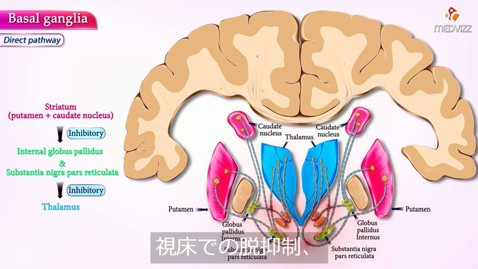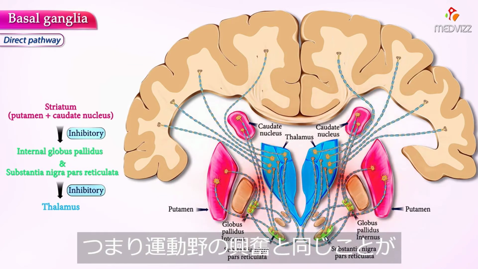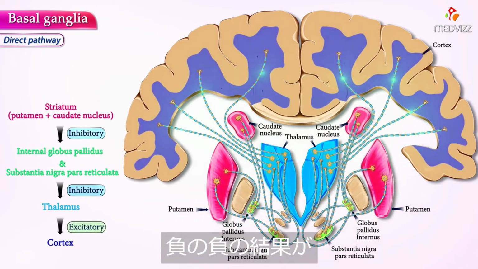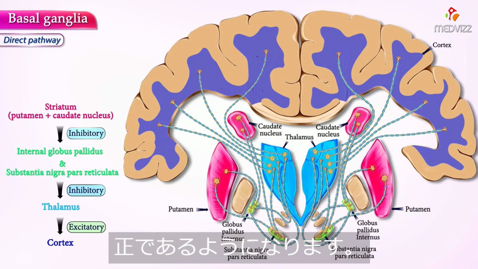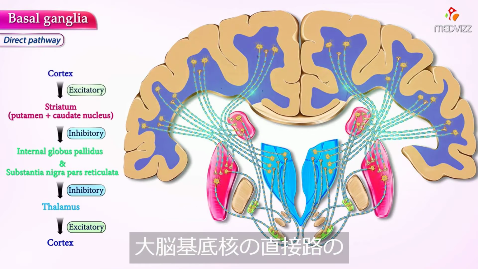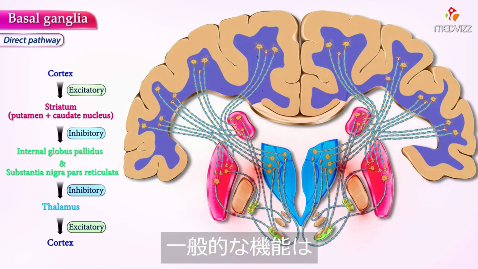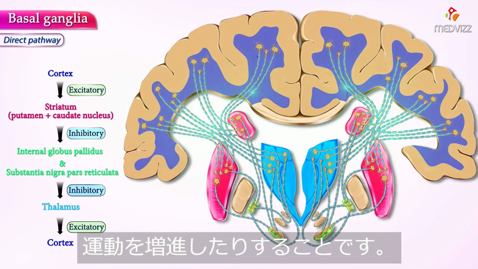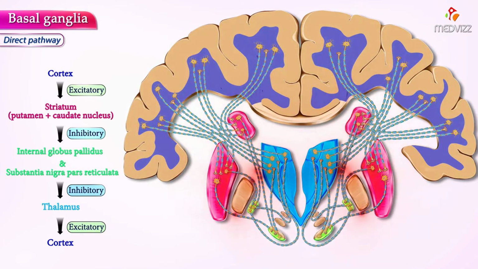So, there will be a disinhibition of the thalamus, which is equivalent to the excitation of the motor cortex. That is, a negative of a negative resulting in a positive. So, the general function of the direct pathway of the basal ganglia is to excite the motor cortex, or to increase the motor activity.